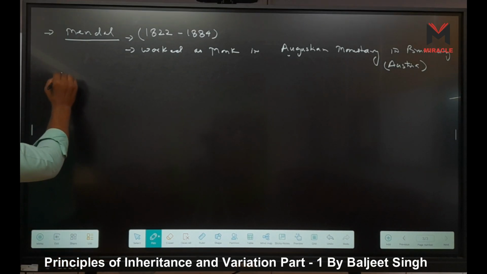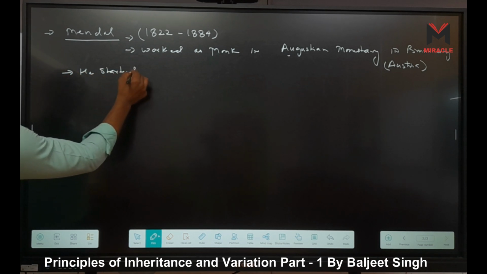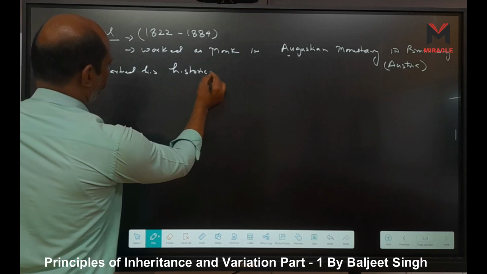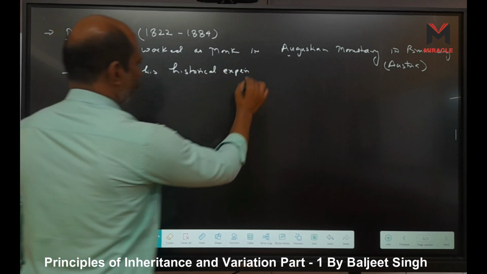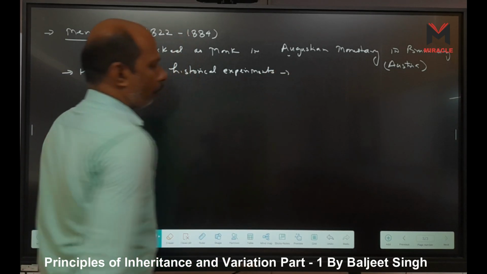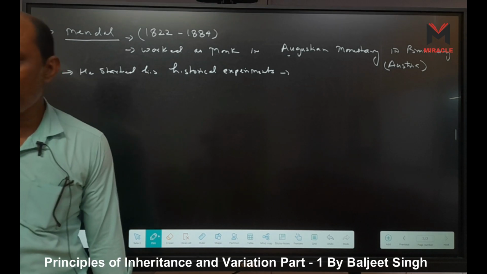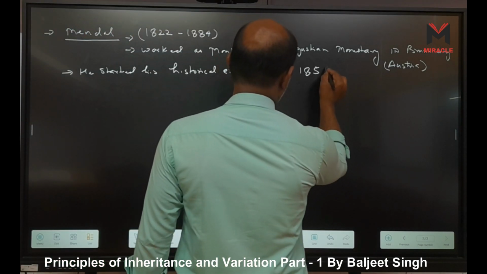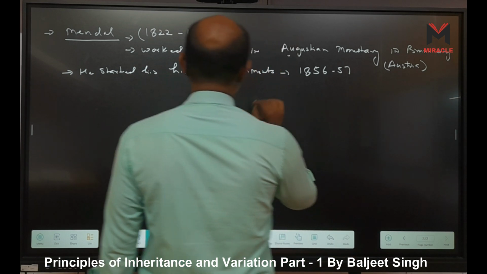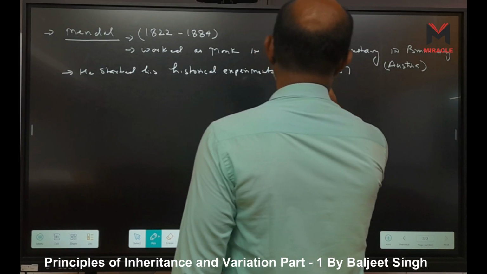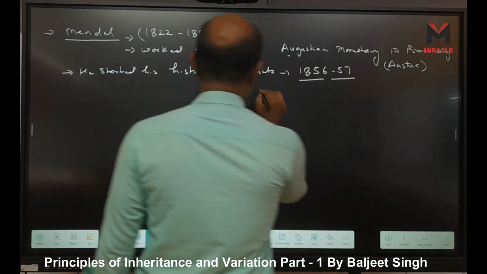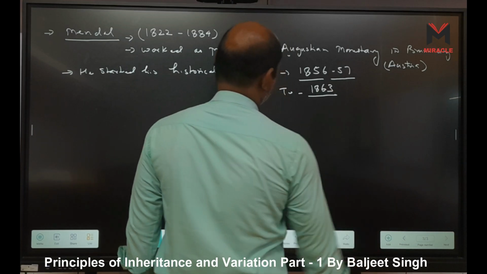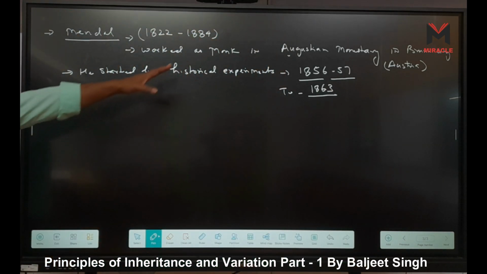Second point: he started his historical experiments from 1856-57 up to 1863, in the same Augustine monastery.